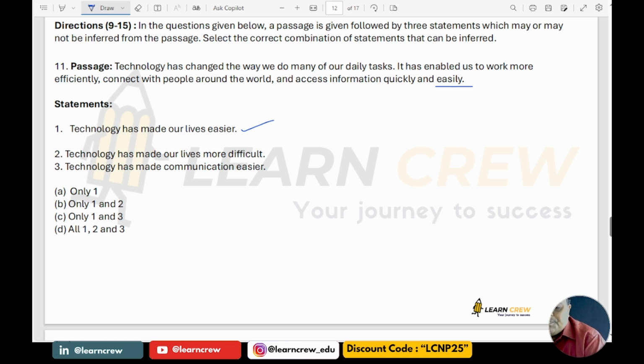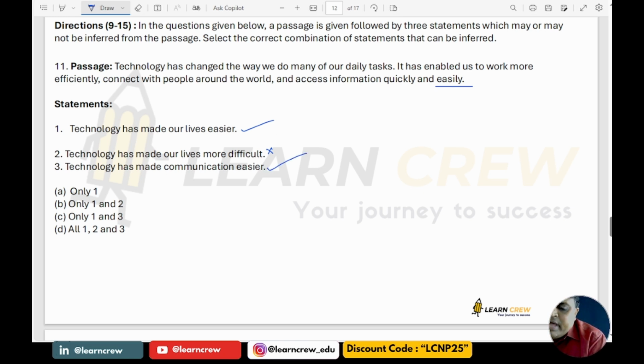What about 2? Technology has made our lives more difficult. Statement 2 here is stating that technology has made our lives more difficult. It is not supported by the passage, so it cannot be inferred. So 2 is not an inference. What about third one? Technology has made communication easier.